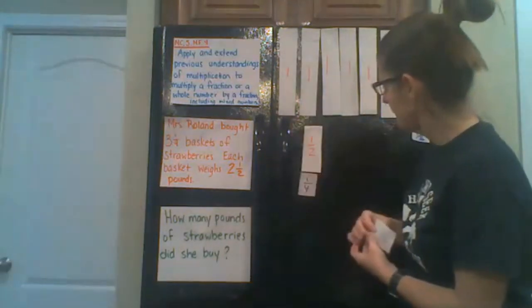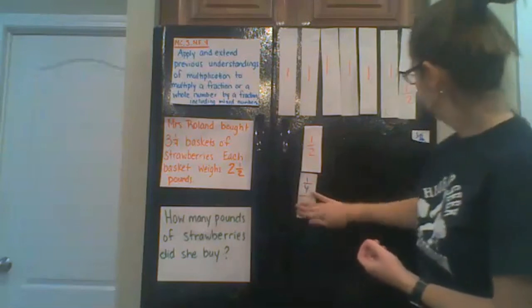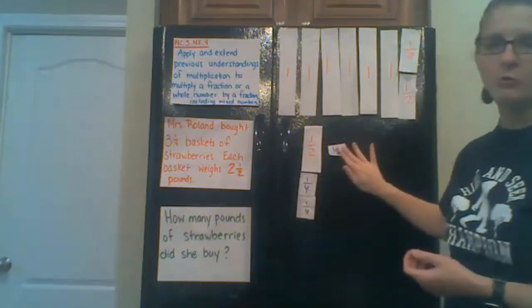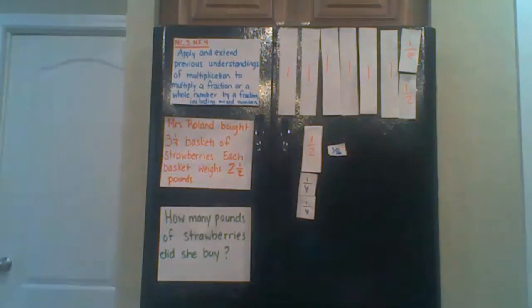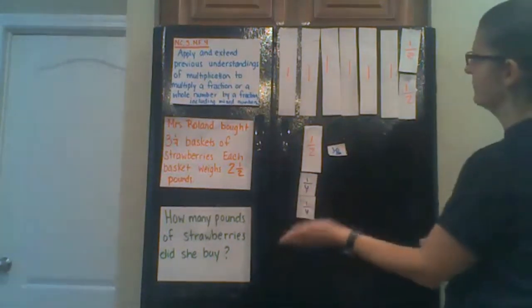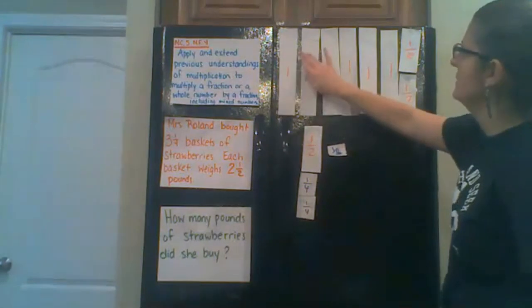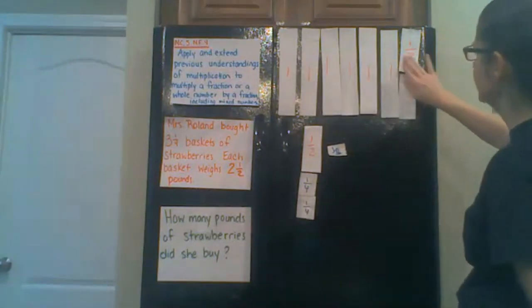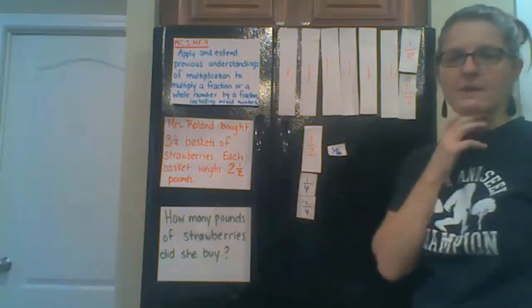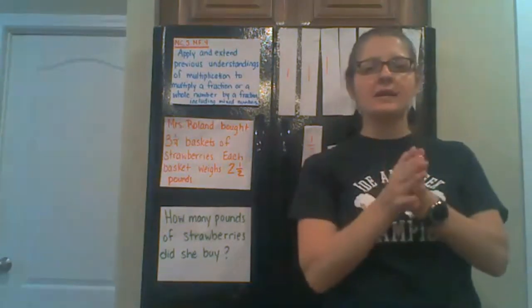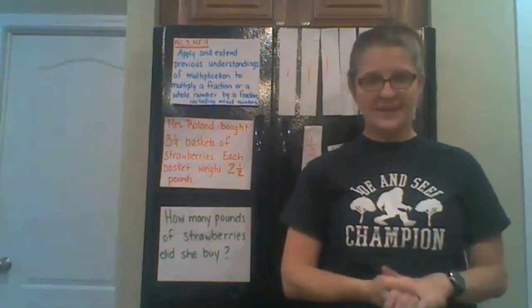So that makes another whole. And then I have my 1/8. So my total amount of strawberries, number of pounds I bought, would be 1, 2, 3, 4, 5, 6, 7, 8, and 1/8.